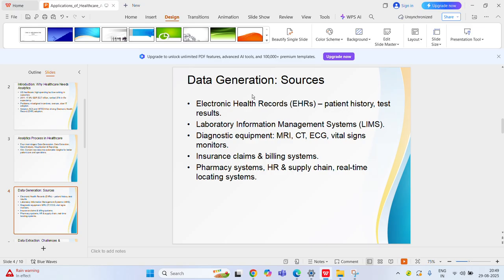Okay, so this is how the EHR works. It basically talks about the patient history and the test results. Now the second component is the laboratory information management system, that is LIMS. A LIMS is used for processing laboratory samples and for sharing the interim and final results for a particular test.